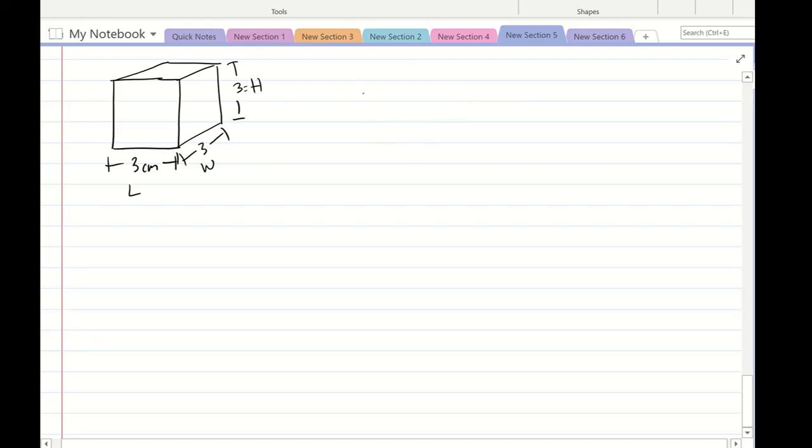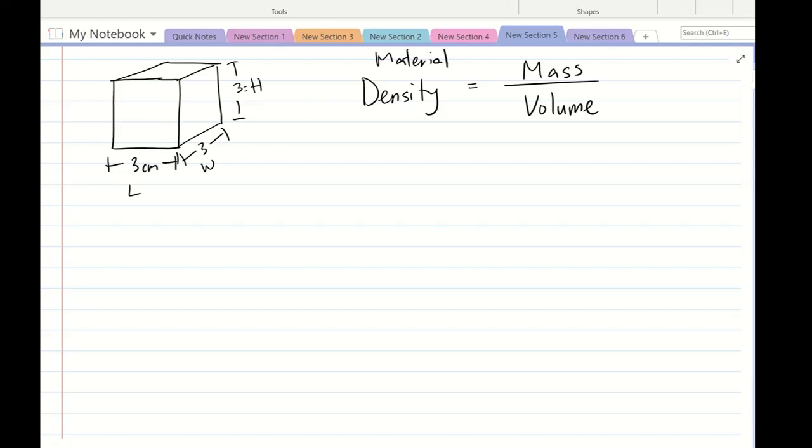Density of material: the formula for that is equal to mass over volume. It's really important you understand this, mass over volume. The units for mass are most likely going to be grams or kilograms, those are the usual two units we look at.